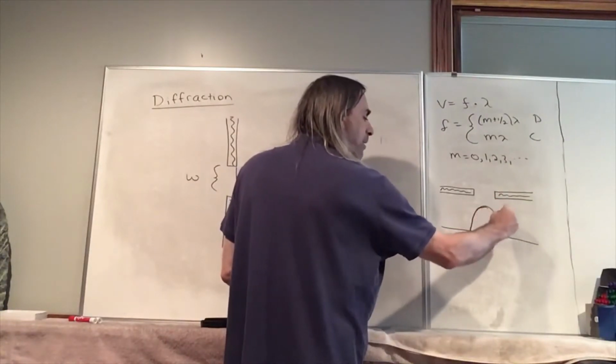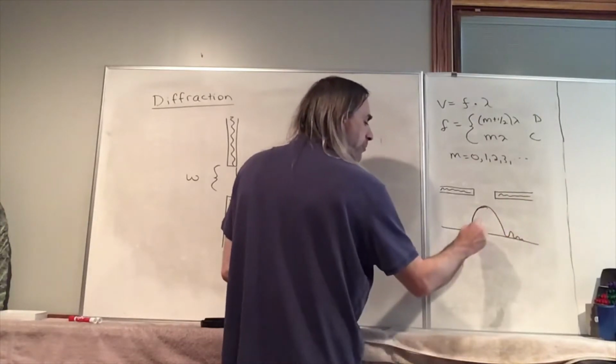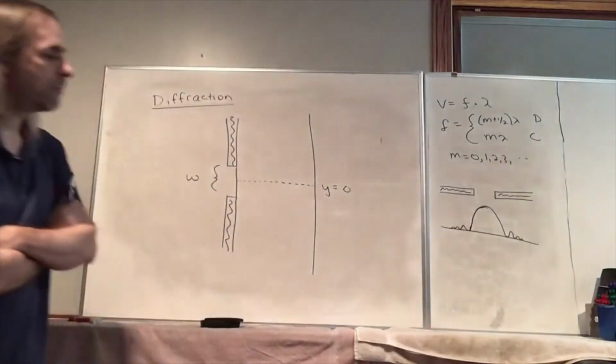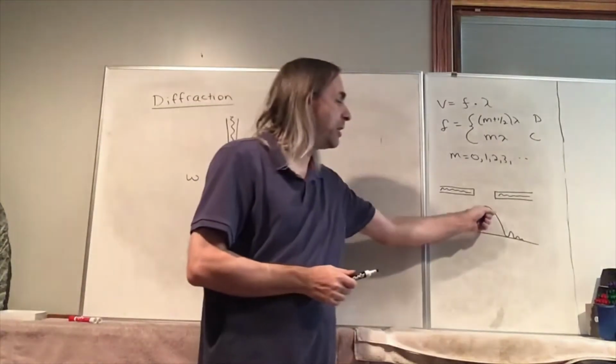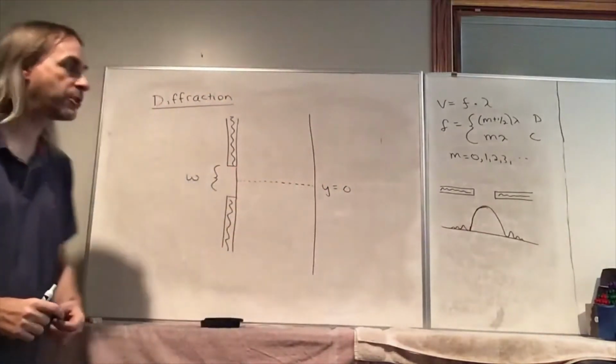We're going to get a pattern that looks something like this. It's kind of an interesting looking pattern. Where directly across from the screen, this graph is very tall. We're going to get a lot of light in this region directly across from the screen.